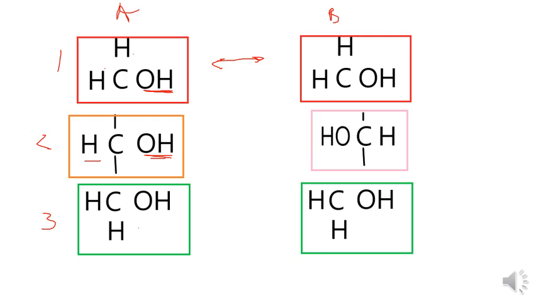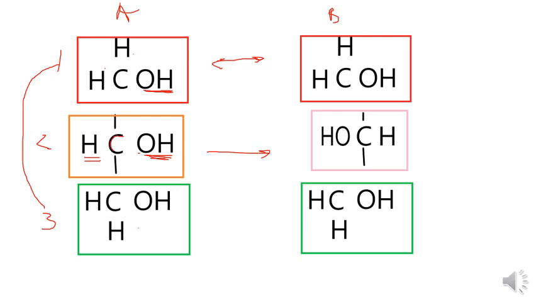So it looks like it has 4 different things attached, because group 1 and group 2 look different, and it has H and OH, so it looks like these two structures are not alike. But if you look at the 1 and 3, you can see that these two structures, number 1 and number 2, are the same. Both have a carbon with 2 H's attached to it and an OH. So these two groups are the same.